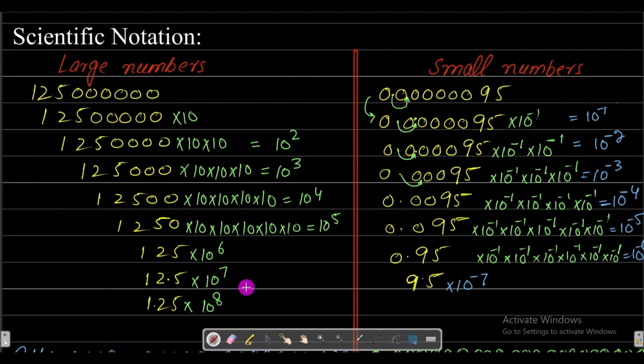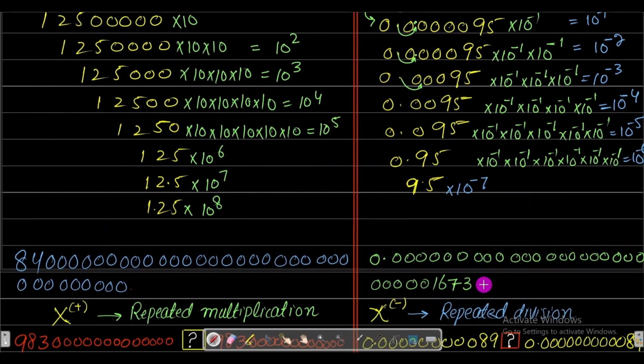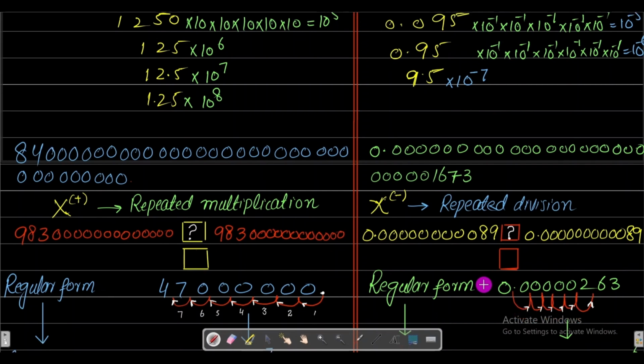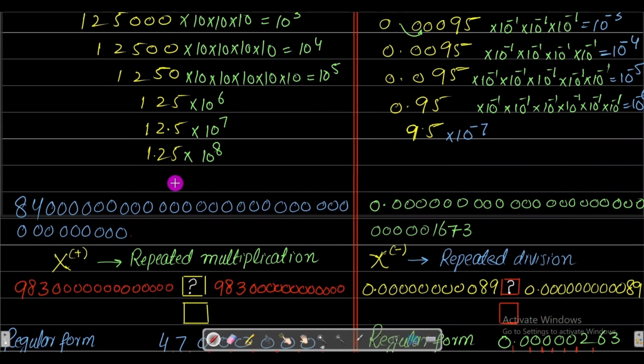So here the chance of error has reduced. So further, we go toward this example. Here we have the large number.